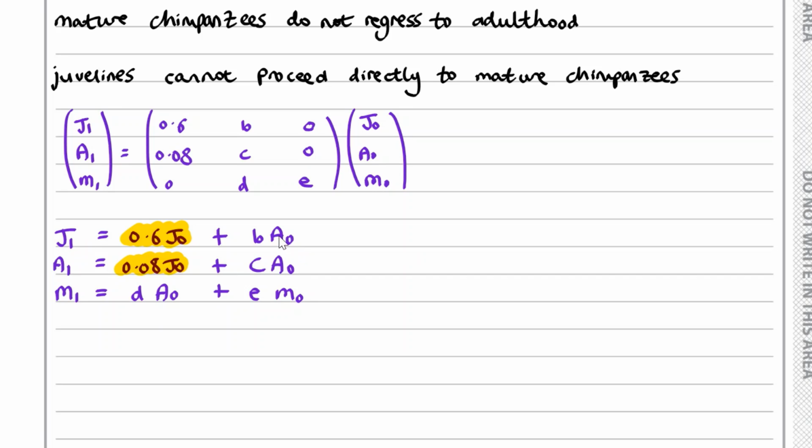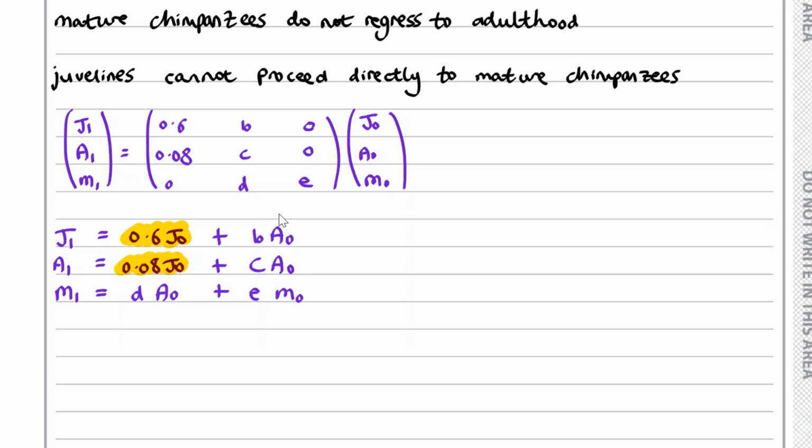And obviously adult chimpanzees can reproduce, so what we're saying by that is if adult chimpanzees can reproduce, they can also produce juveniles. So the number of juveniles in the first year is equal to the number of chimpanzees that remain from the previous year, which is this bit, plus some number of the initial adult population.